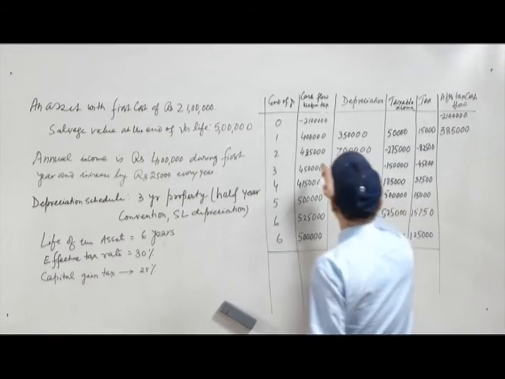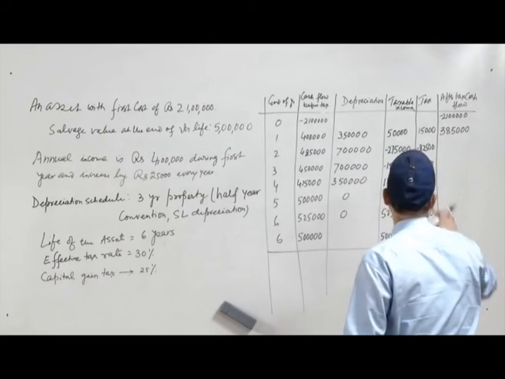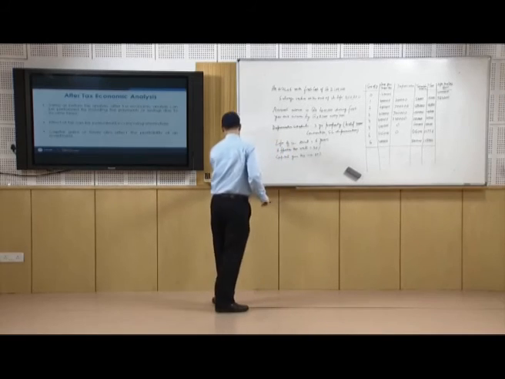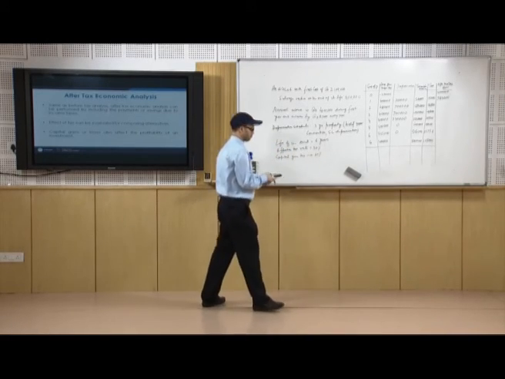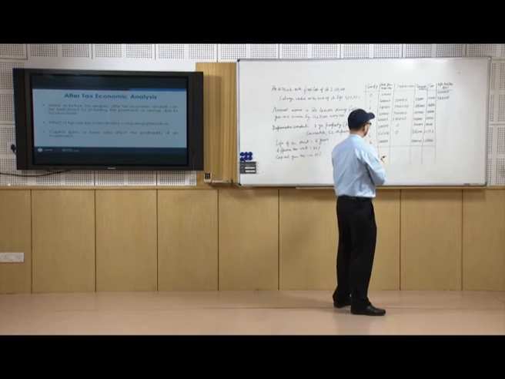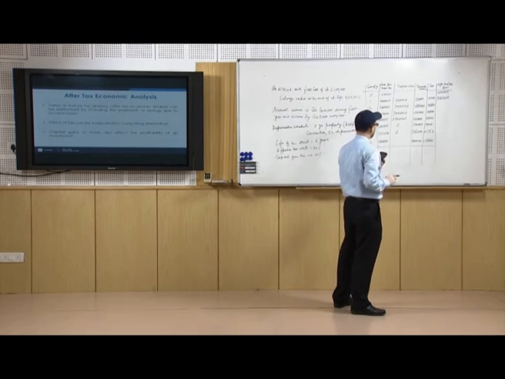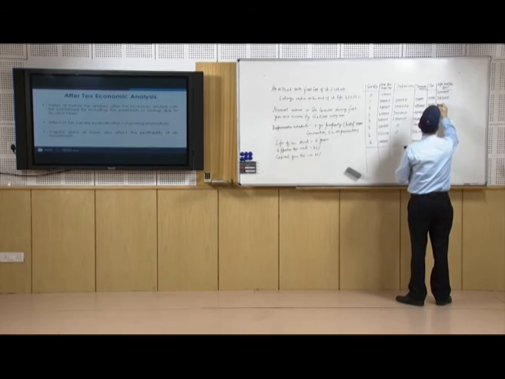Then 4 lakh 25,000 minus 82,500, so 425,000 minus 82,500, this is 342,500.